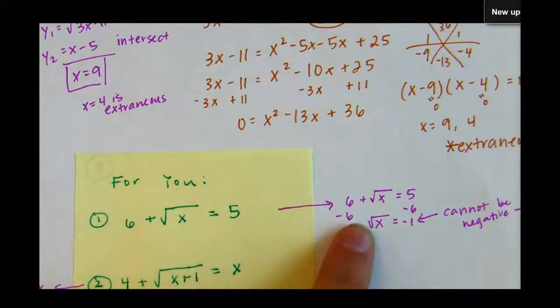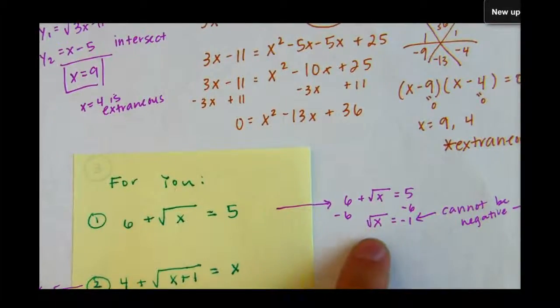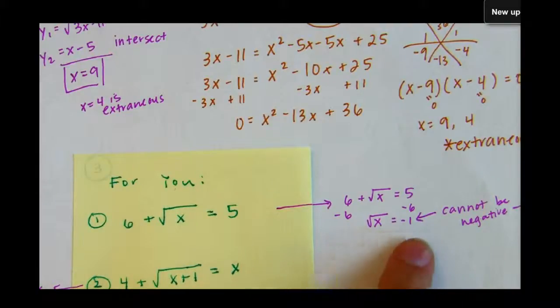So for this first one, I've got 6 plus the square root of x equals 5. And so when I subtract 6, I get the square root of x equals negative 1. Well, that should send up a red flag because my square root can never be a negative 1.